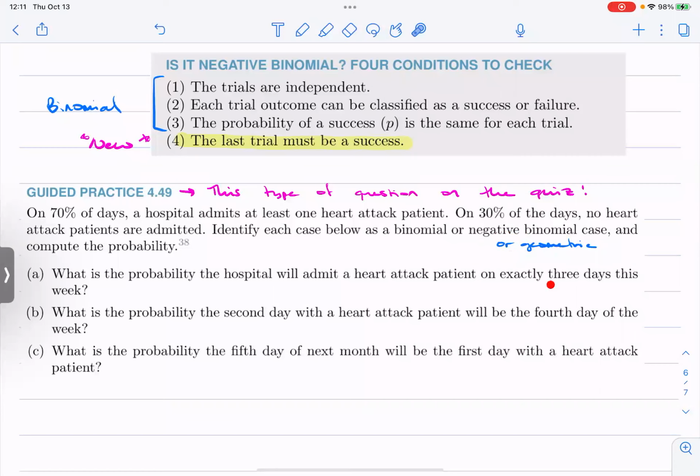But now I want exactly 3 successes this week. In a week, how many trials do I have? I have 7, each day. So I'm ready to commit to a binomial.